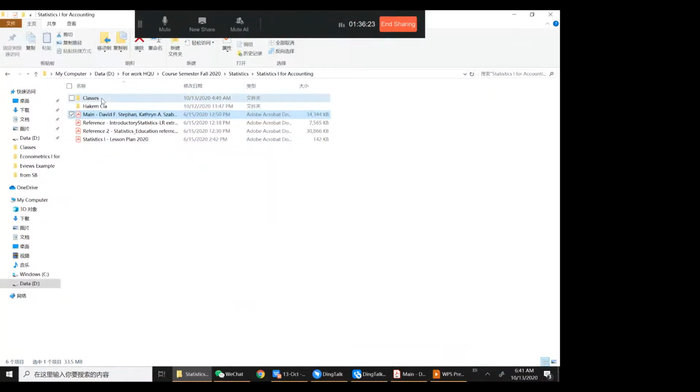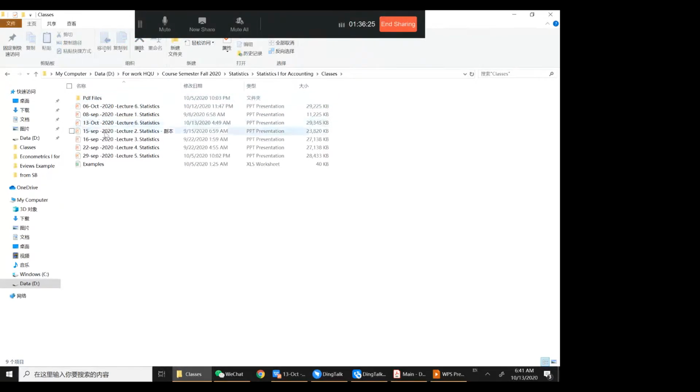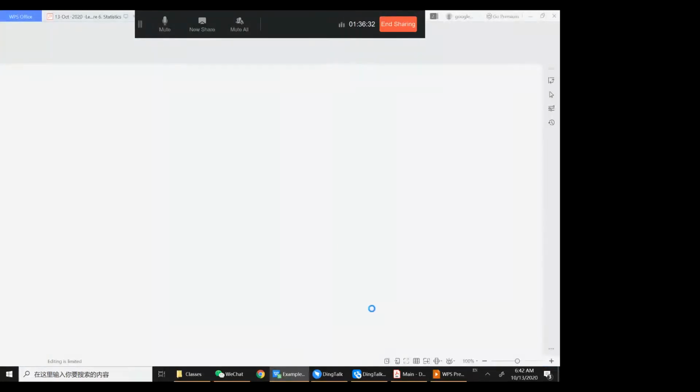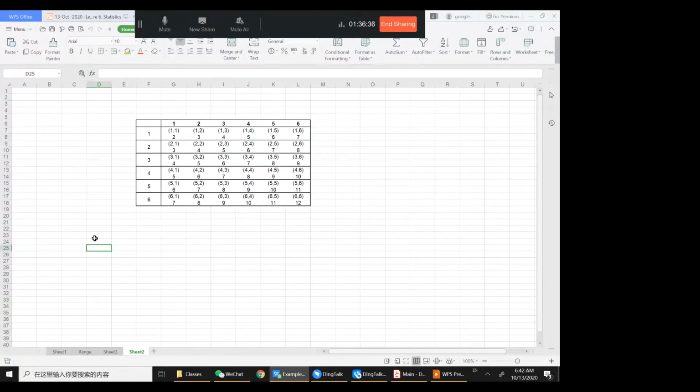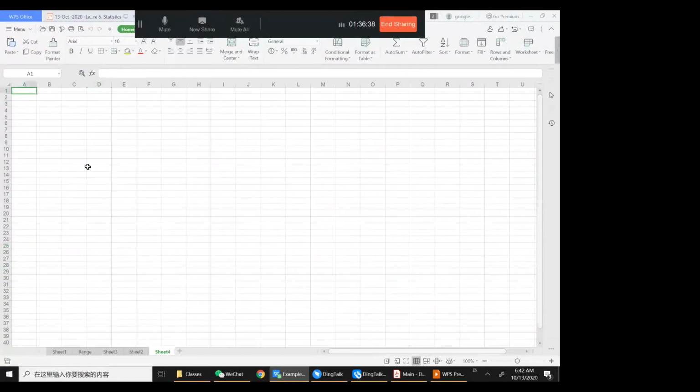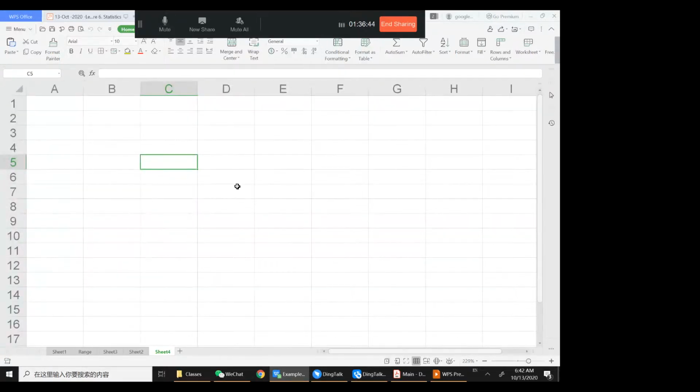Let's take an example. Let's solve the same example. So here we have x, which is the number of heads in our example.